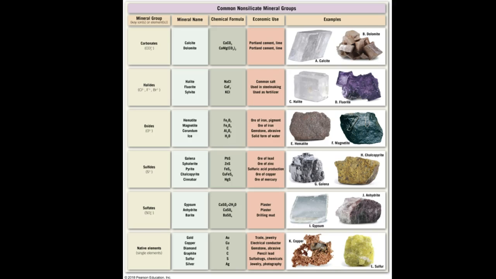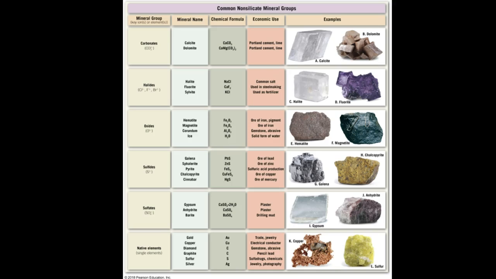So non-silicate minerals are usually divided based on the negatively charged ion or complex ion that the members have in common. For example, the oxides contain negative oxygen ions, so O2 negative, which bond to one or more kinds of positive ions. The most common non-silicate group are the carbonates, then halides and sulfates.